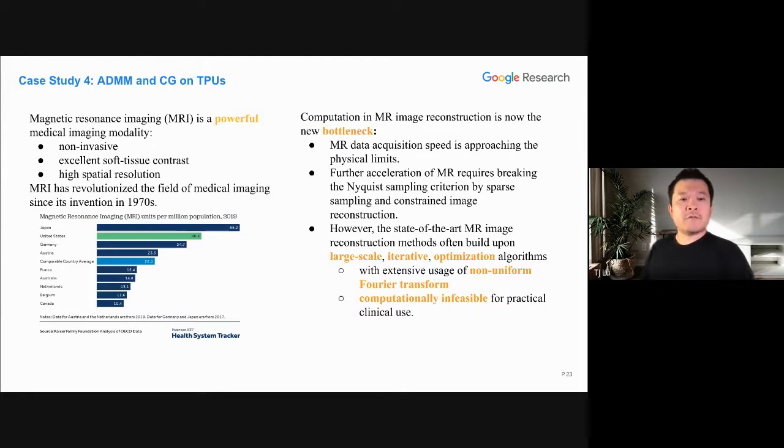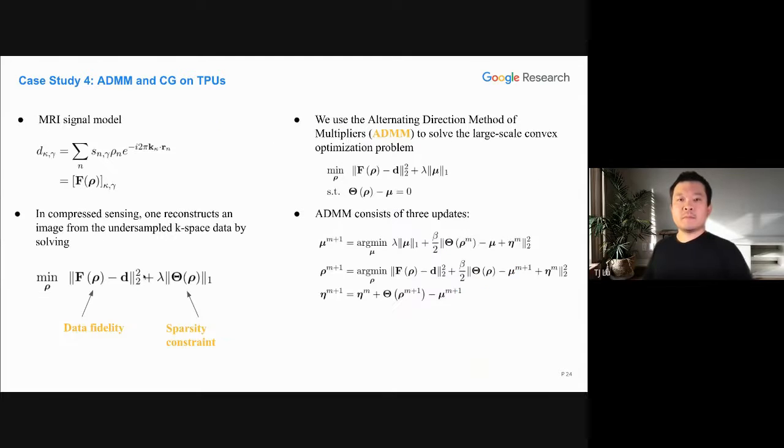However, the state-of-the-art MR image reconstruction methods often build upon large-scale, iterative optimization algorithms with extensive usage of non-uniform Fourier transform. It's computationally infeasible for practical clinical use. Let's see how we can address the computation bottleneck of MR image reconstruction with TPUs.